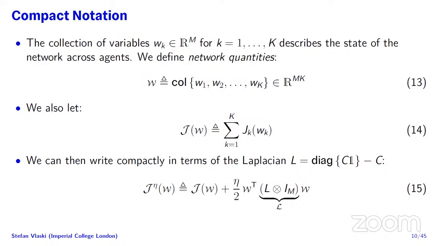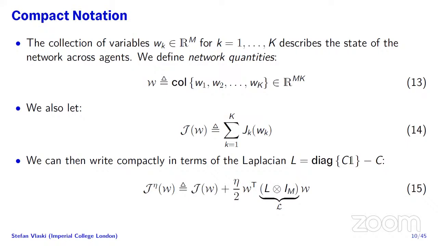Then the sum of the local objectives we define as calligraphic J of W. Just some notation, but ultimately this allows us to write this penalized problem in a very efficient way. Using the Laplacian of the adjacency matrix defined by C, equation 15 is simply a very compact representation of this penalized optimization problem.